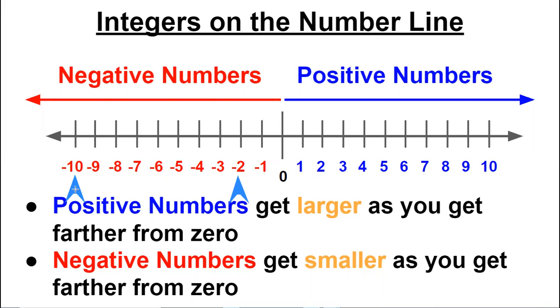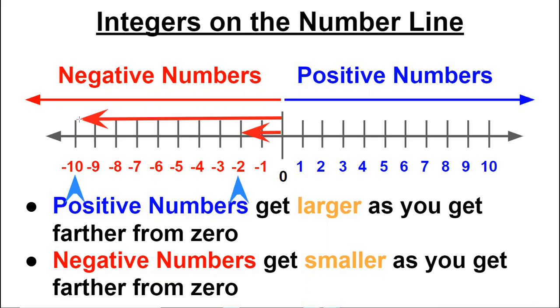Which number is smaller? Negative 10 is smaller, right? Because it's farther from 0. Negative 2 goes this far, and negative 10 goes all the way here from 0. So negative 10 is smaller, just the opposite of the positive side.